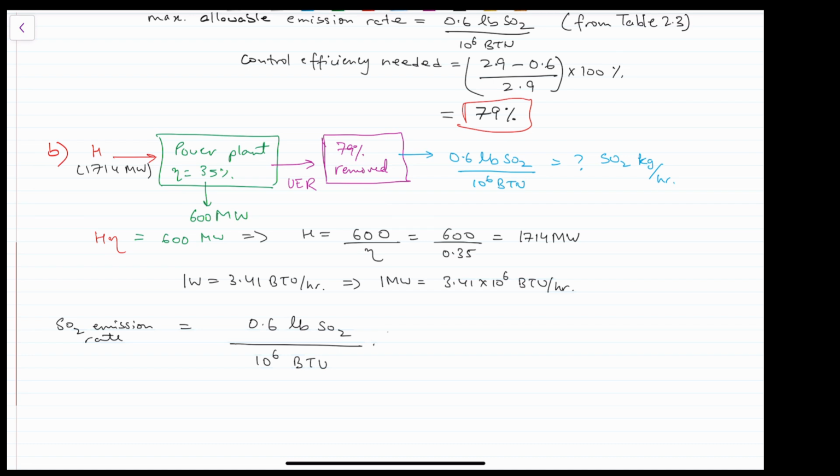We have 1714 megawatts, and as I just said, 1 megawatt is 3.41 times 10 to the power 6 BTUs per hour. And to convert to kilograms, we can also write 0.454 kilograms per pound.